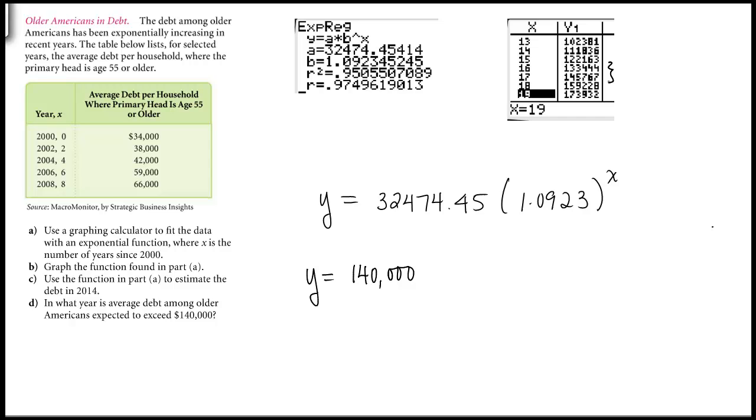If you can tell by looking between years 16 and 17, it jumps from 133,400 to 145,700. So during the 16th year, it jumps over the $140,000 mark.